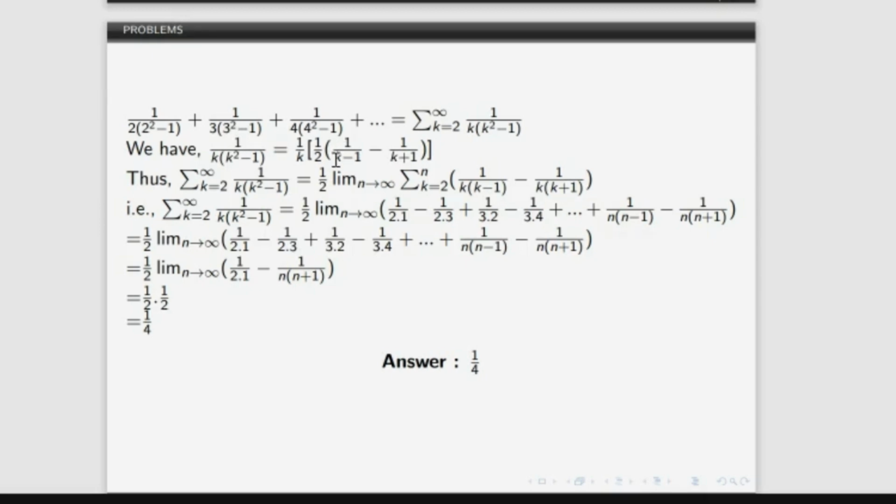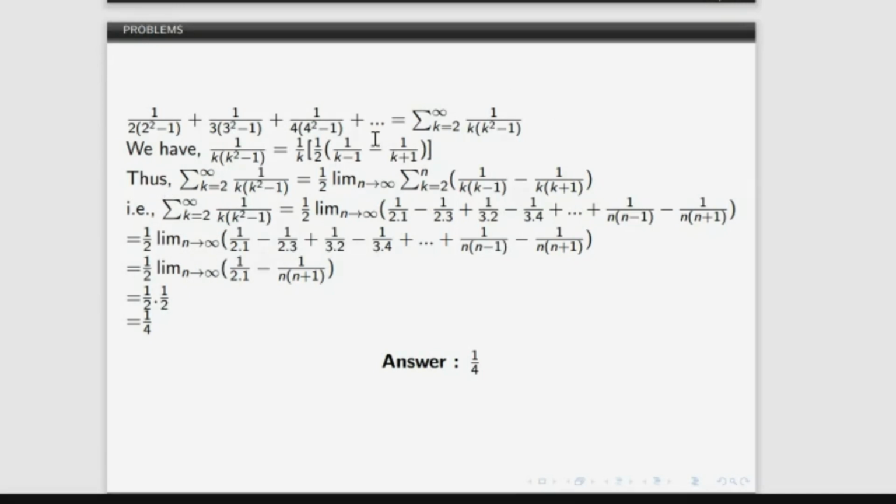So it becomes 1 by 2 into 1 by k minus 1 minus 1 by k plus 1. When you take the LCM, the denominator becomes k square minus 1, and the numerator becomes k plus 1 minus k plus 1, which is 2. Striking off the 2 from numerator and denominator, we get this value itself. So this is how we are splitting it.